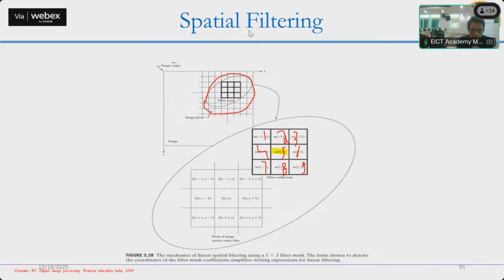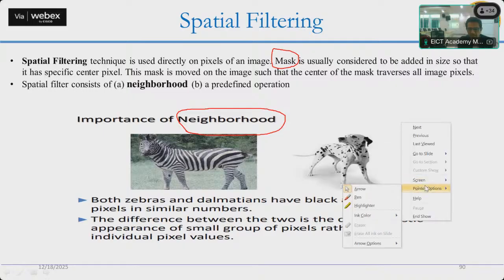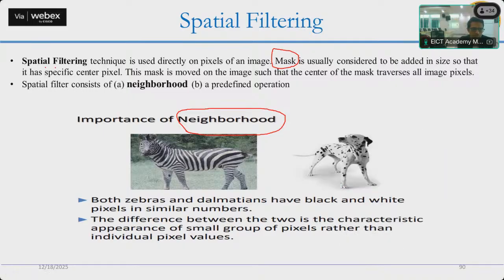Now what do we do? Now we will observe it. For example, this is 3 by 3. This mask is a very popular one. This central element, as we noted down here, is the specific center pixel. Remember, every word is very important. This specific center pixel overlaps with the pixel value it works upon.